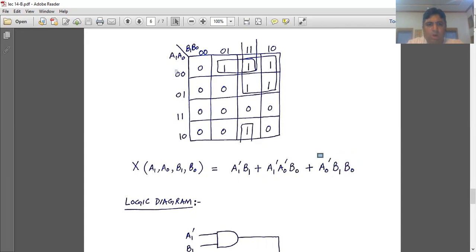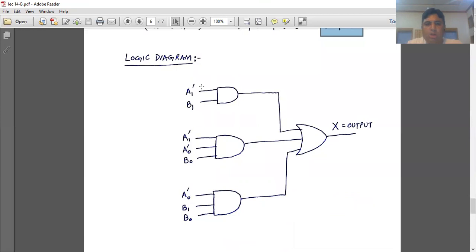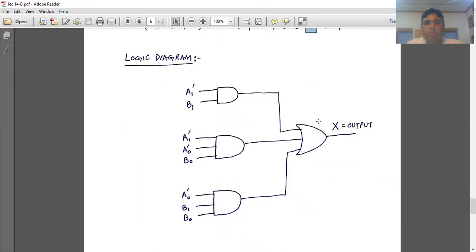So this is the third term. So now the logic diagram: three AND gates, a two input AND gate, a three input AND gate, a three input AND gate. These are the three AND gates and the output goes to the OR gate because there is a plus sign between them. So this is the logic diagram of this problem.